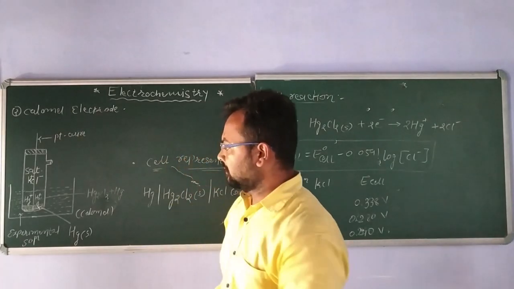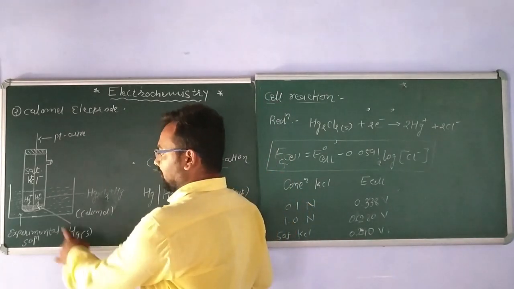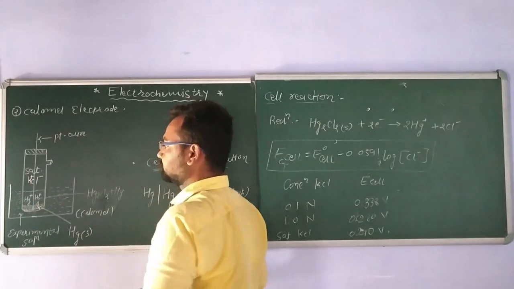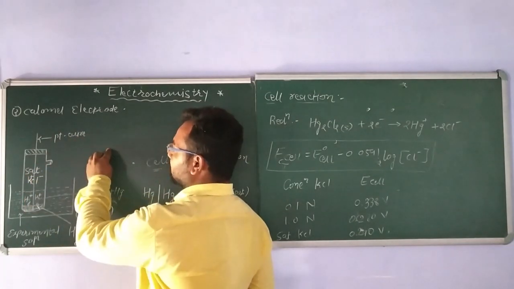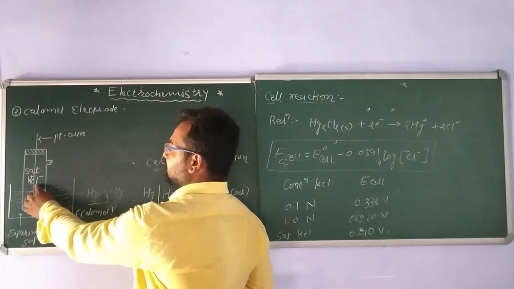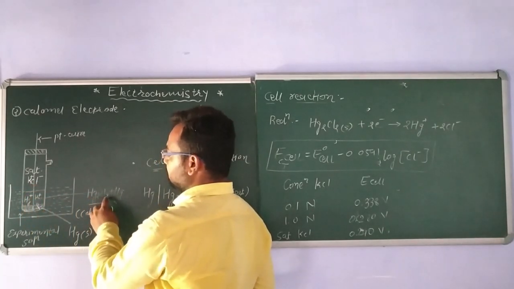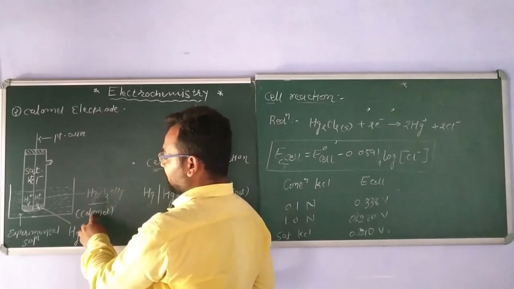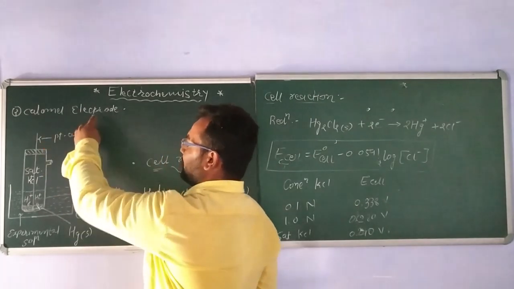Here solid Hg is oxidized into Hg plus and releases an electron, which moves to the cathode wire. Hg plus is attracted toward Cl minus and converted into Hg2Cl2, that is mercurous chloride, which is called Calomel. So we call it the Calomel electrode.